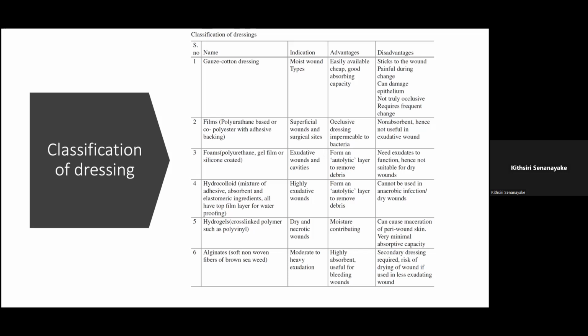And also there are foam dressings. Now you know what foam is, isn't it? And also there are hydrocolloid dressings, and hydrogels, gel. And there are alginate dressings, okay?